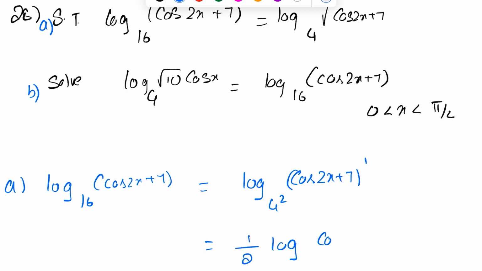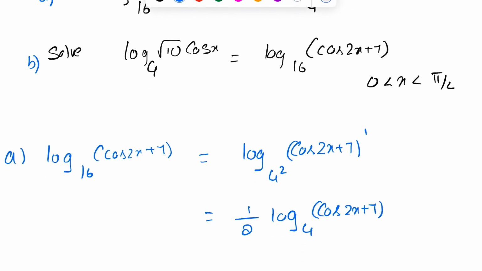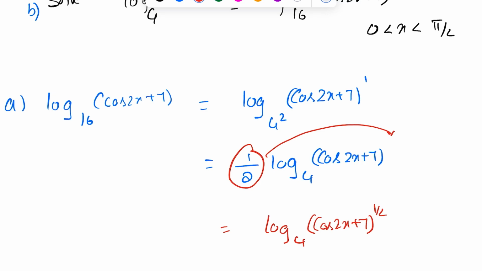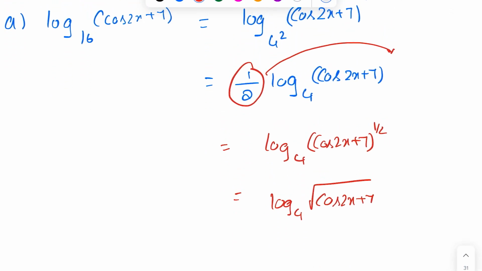So 1 upon 2 log of (cos 2x plus 7) to the base 4. Now again the whole 1 upon 2 can be taken as a number and it goes to the power. So it becomes log of (cos 2x plus 7) to the power of 1 upon 2 to the base 4. To the power of 1 upon 2 means square root: square root of (cos 2x plus 7). That is part A. Coming to part B.